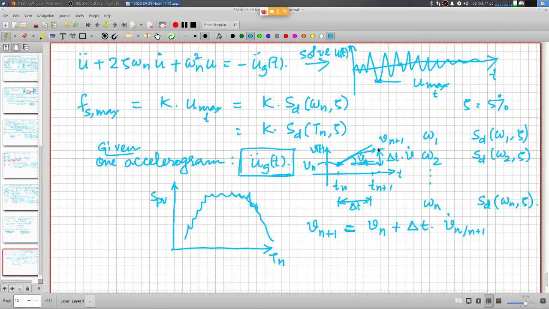Now if you start at time t equal to 0, the initial conditions are taken here: the displacement and velocity at time t equal to 0, plus the increment due to the gradient. Then you predict the solution at the next time instant, and then it changes. Whatever you have computed in the previous time step becomes the initial condition for the computation of the next time step. That's how step by step integration goes.